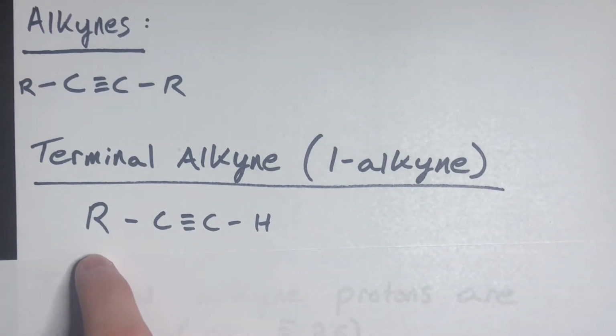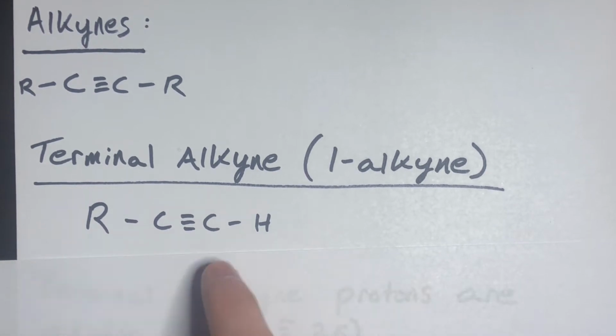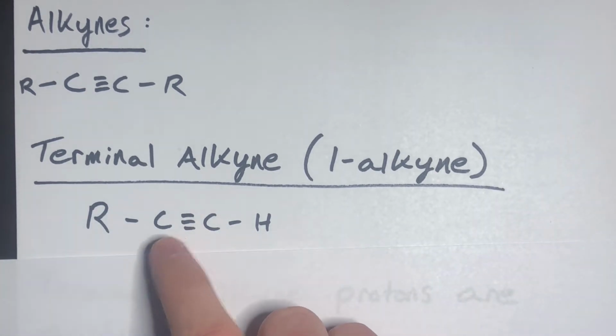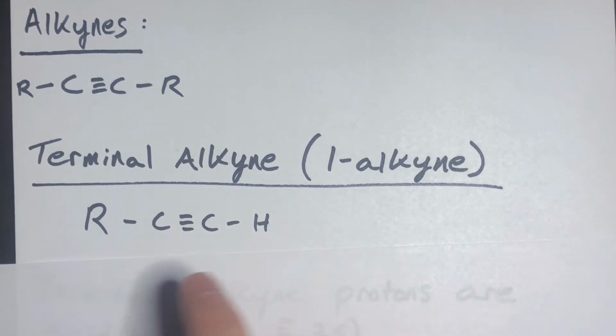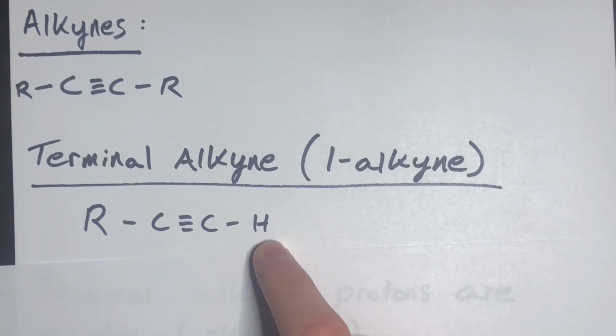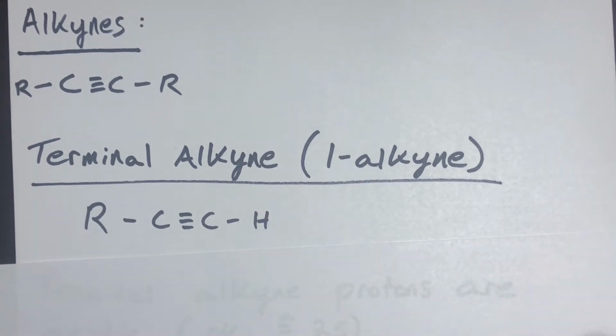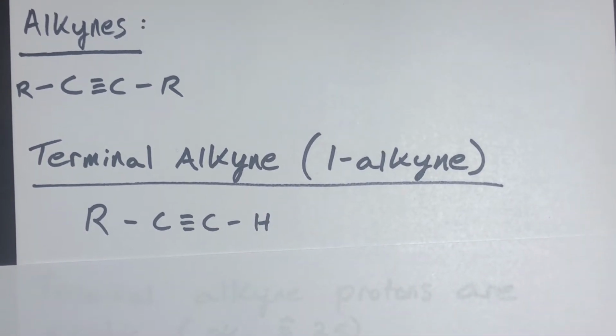However, on the other side, this is not terminal because this R group can be other carbons, which then elongate the carbon-carbon chain. But either way, the alkyne functional group is the carbon-carbon triple bond, and this hydrogen has special properties that we'll talk about in a minute that make terminal alkynes extremely useful in organic chemistry.